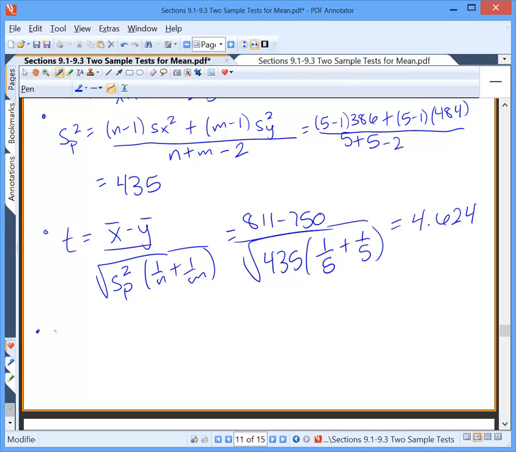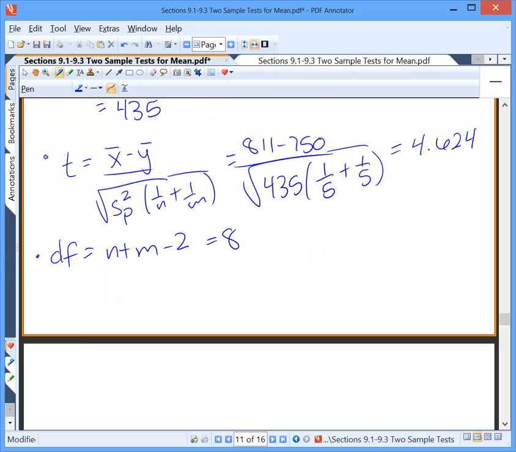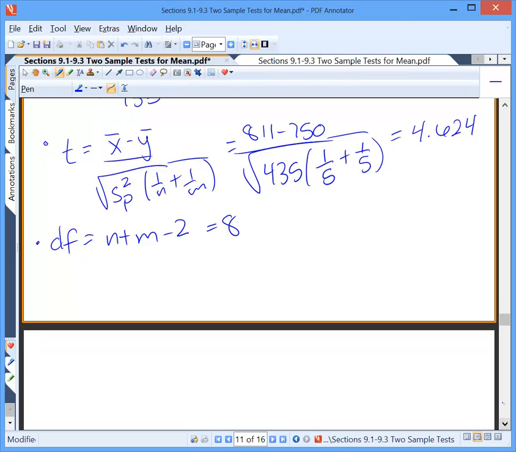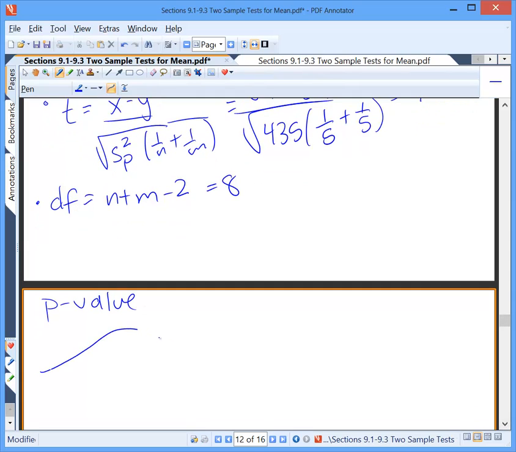For a t-test, we also need degrees of freedom, which are n plus m minus 2, so 8. And now we need to find our p-value. We put our test statistic down first, 4.624.